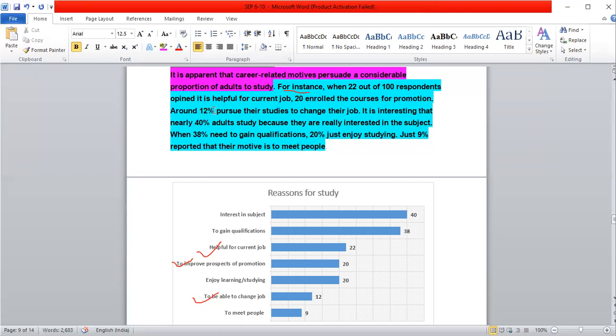Around 12 pursue their studies to change their job.